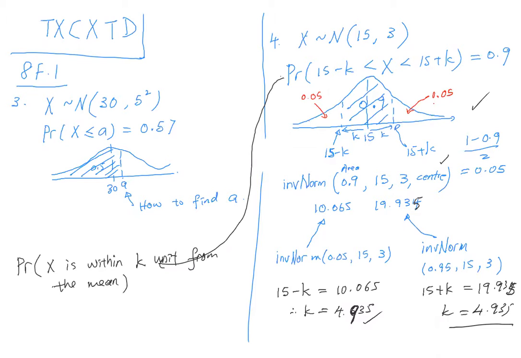If I say within K unit from the mean, it means that the lowest is mean minus K, the highest is mean plus K. That is the meaning of within. Do you get me? So you have to be very, very careful with the word we say, within. So the rest of the questions, you please try.